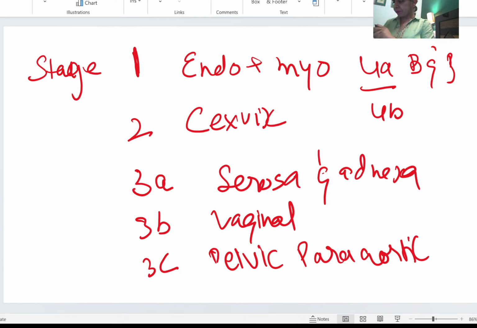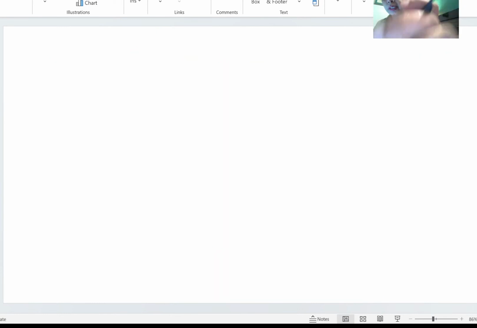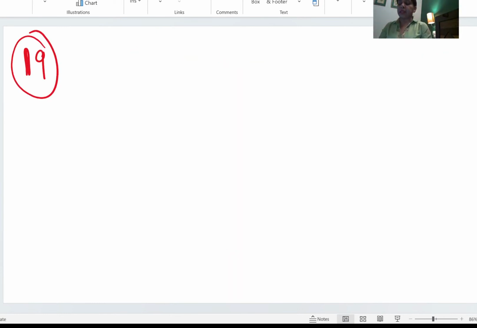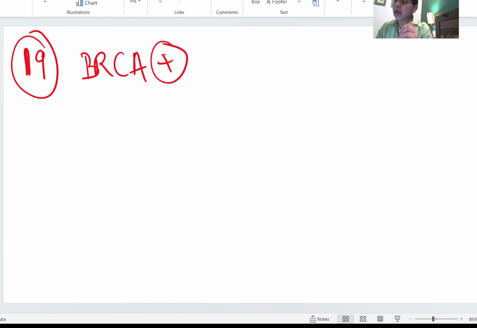19. Yes, this was a good question and it can come in exam. Dr. Karishma has asked this question. Question number 19: beta, if the patient is BRCA positive, the chance of ovarian carcinoma is more than 50%.